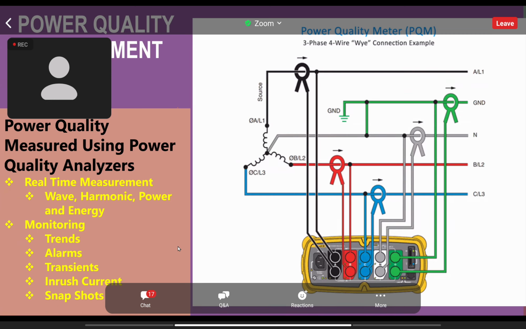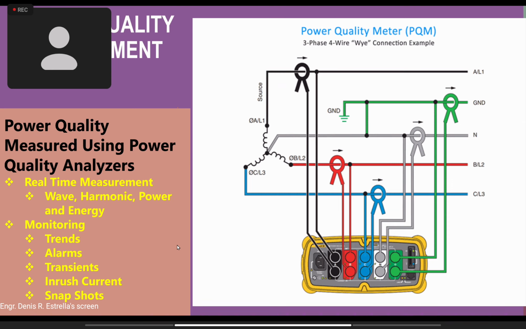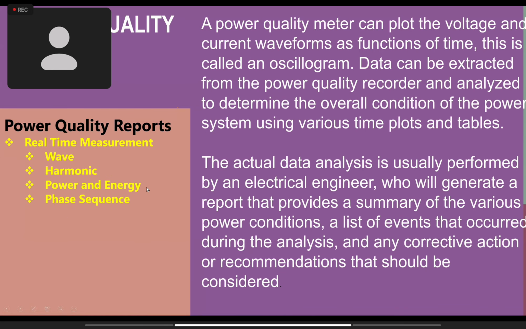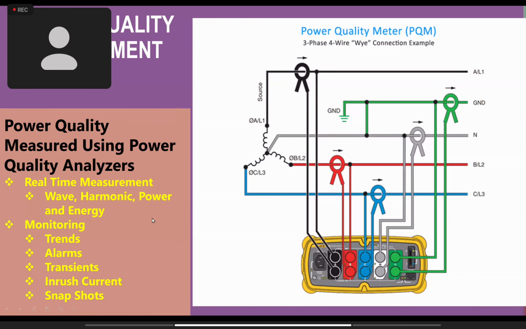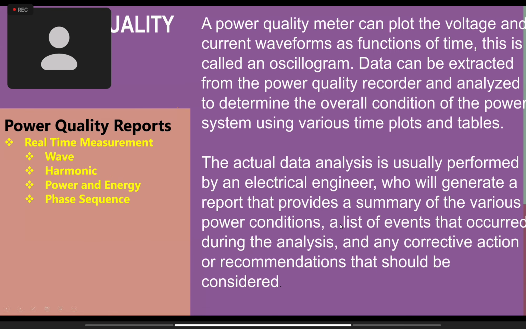So, after connecting, meron tayong iset for the quality. We can get the real-time measurement, the power, that includes the wave, harmonic, power, and energy, including the phase sequence. A power quality meter can plot the voltage and current waveforms as a function of time. This is called oscillogram.